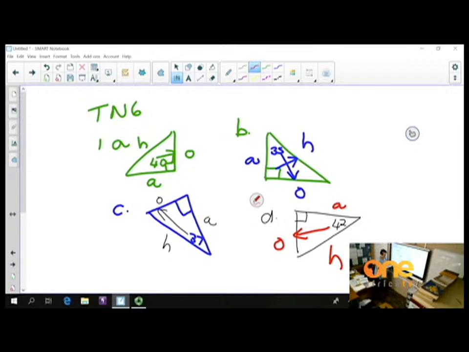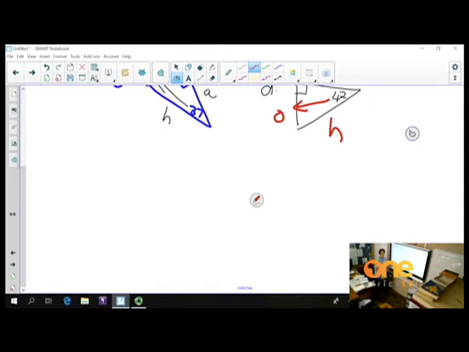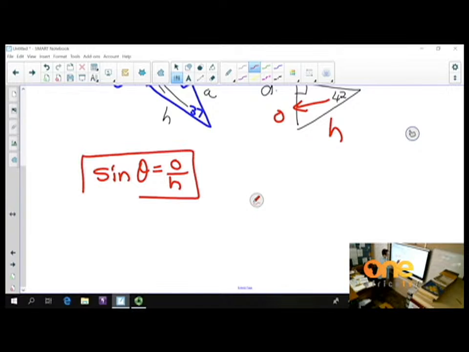Identifying them. Now, from that, we have now our 3 trigonometric ratios. So the following is now very important. So we have sine theta, which is opposite over hypotenuse. And you need to learn this and know this. Cosine theta is adjacent over hypotenuse.